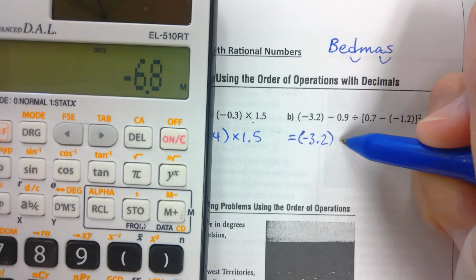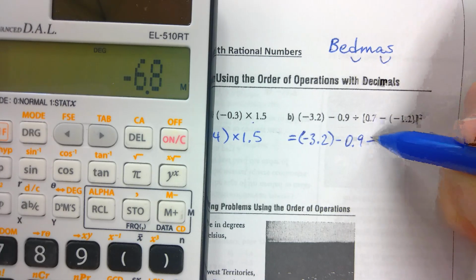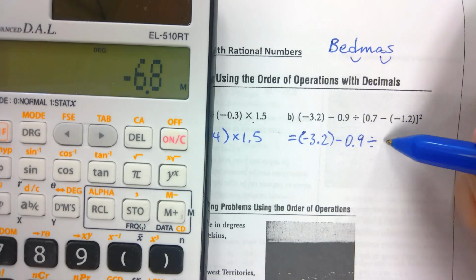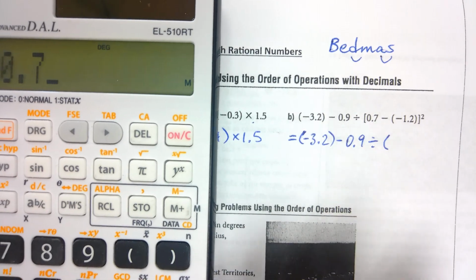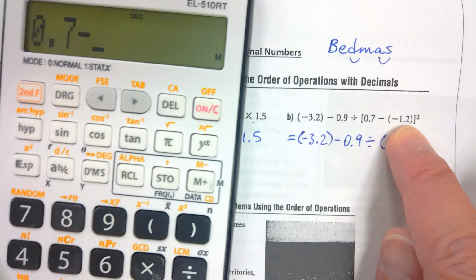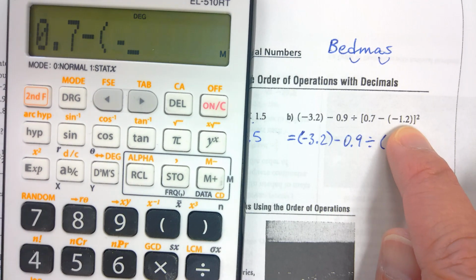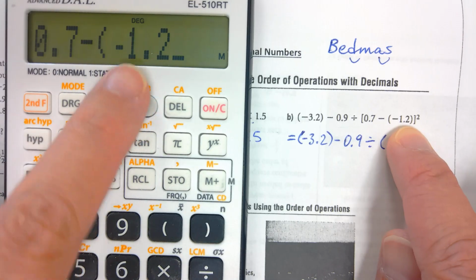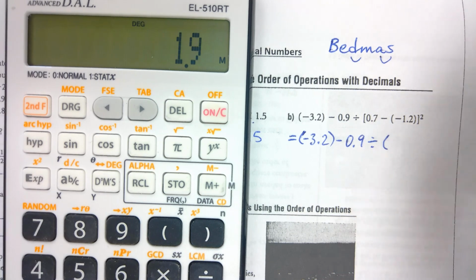So let's just say for the sake of the lesson it's not, and we just do it all in order. So you do this part first, inside the bracket. So 0.7 minus, you can put the brackets in if you're not strong with mental math. Doesn't hurt. And then you get 1.9.